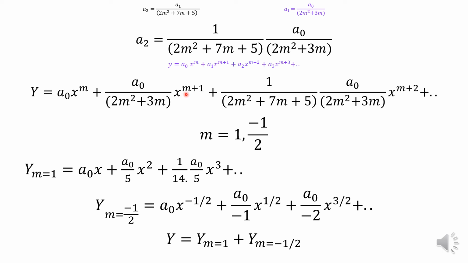M is equal to 1, 1 plus 1 is equal to 2, so x square. And m is equal to 1, we will put 1 here, 1 here, 1 here. It is 2 plus 7, 9, plus 5, 14 as such. It is 1 here, 2 plus 3, 5. So here as such here.